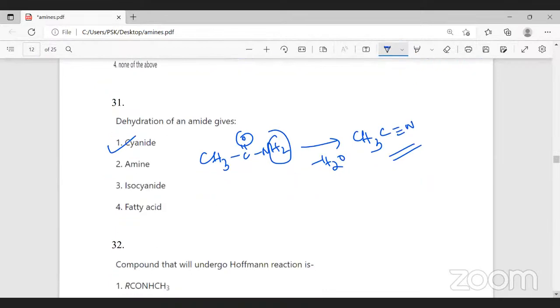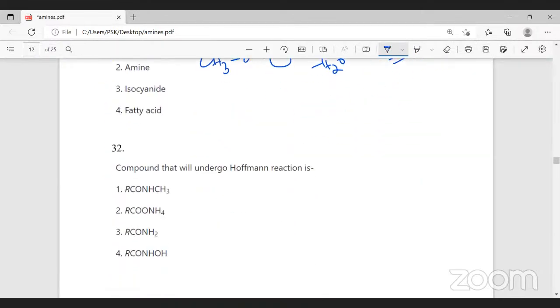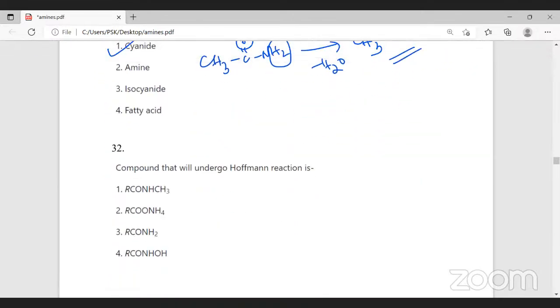The next question: the compound that will not undergo Hoffmann's bromamide reaction. Amides will undergo Hoffmann's bromamide reaction. Amides are RC=O NH2.